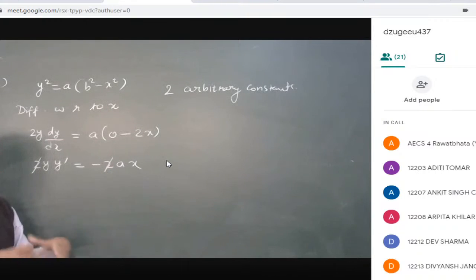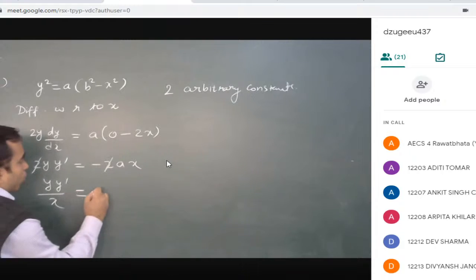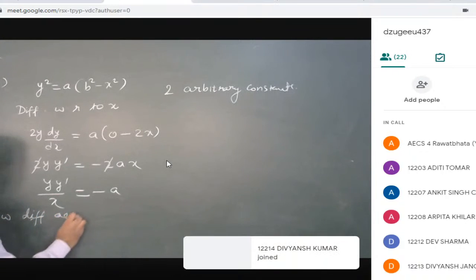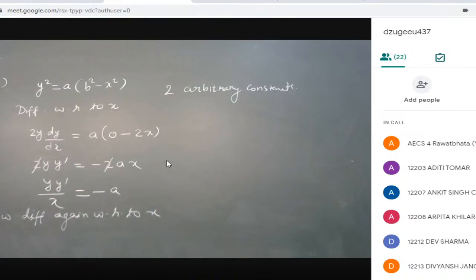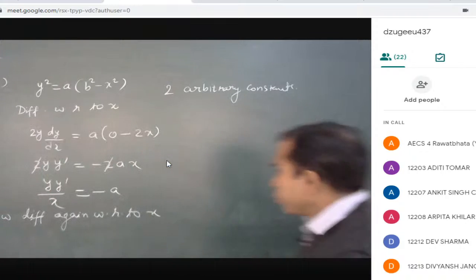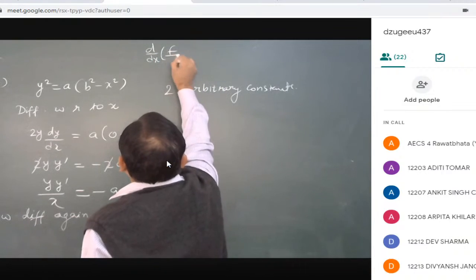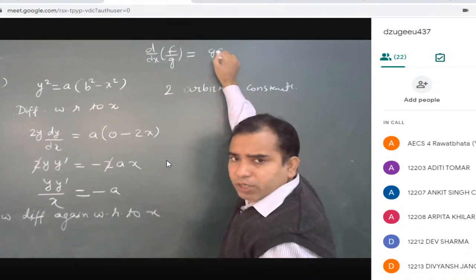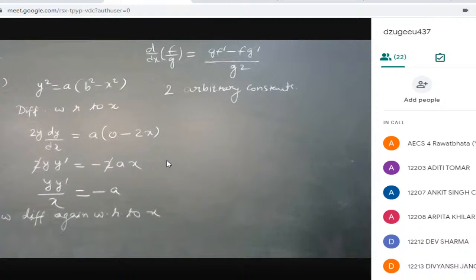So I am making a little arrangement. I bring this x to the other side and keep a alone. Now I am going to differentiate. Now differentiating again with respect to x. Of course, on the left side I will need the quotient rule of differentiation, but you must have used the quotient rule multiple times. I hope you remember d upon dx of f upon g is equal to, students, g f dash minus f g dash whole upon g square.